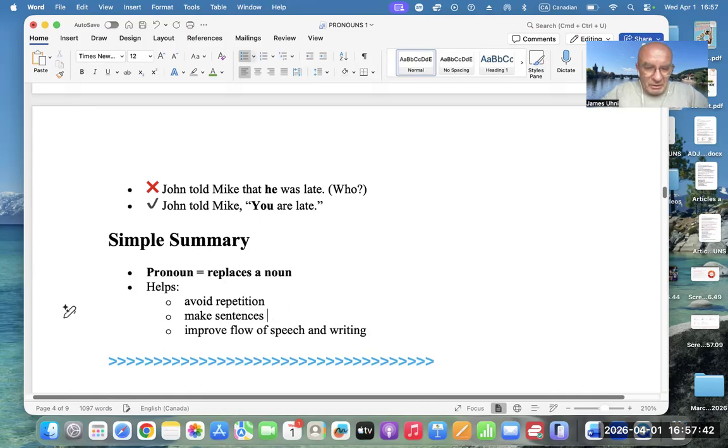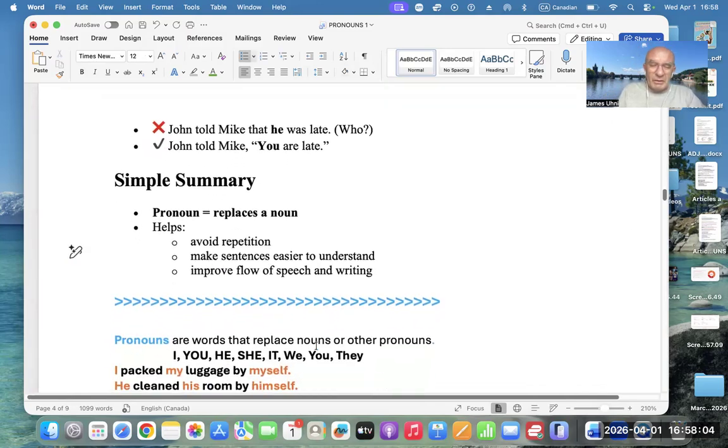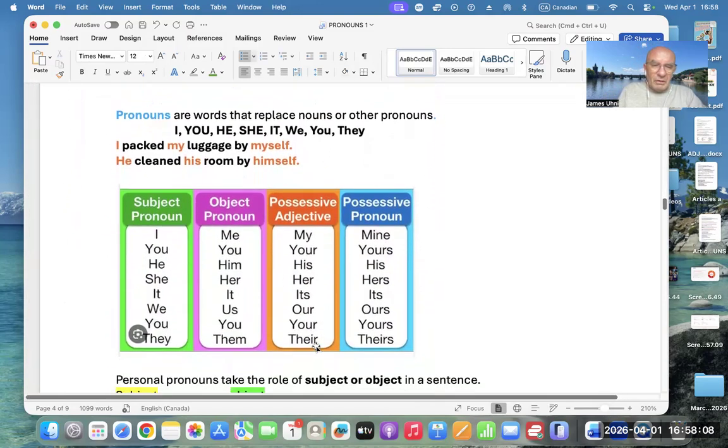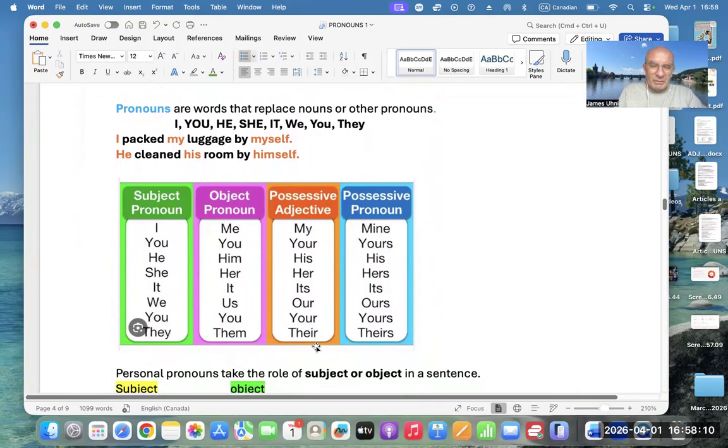So let's write it this way, easier to understand, and improves flow of speech and writing, which is true. So now I will go to the second part of pronouns, and I will explain it a little bit harder. You are already familiar with this part.